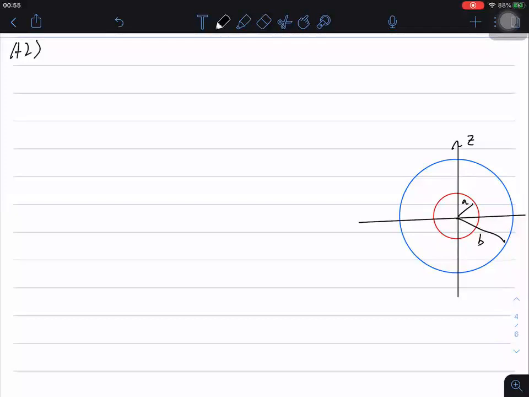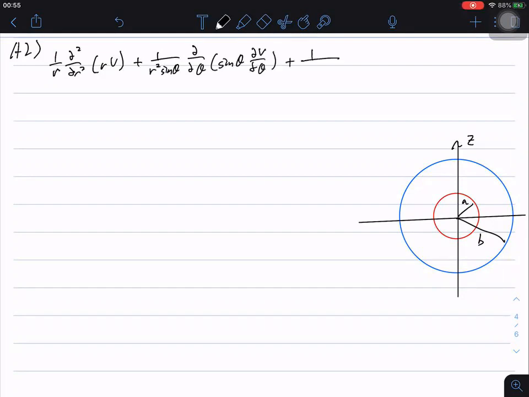So first of all, let me write down the Laplace equation in spherical coordinates. And I'm sure that Professor Johnny has covered the Laplace equation in spherical coordinates during the lecture. So I think you all already know the general solution of this equation, which is, so here is the general solution.